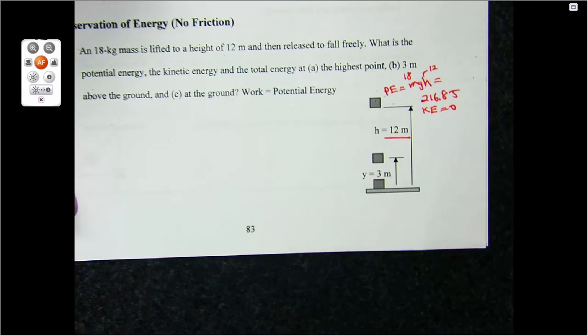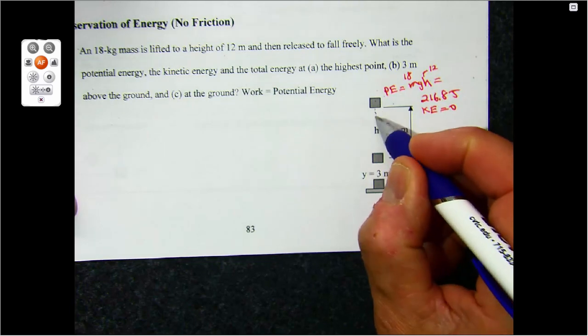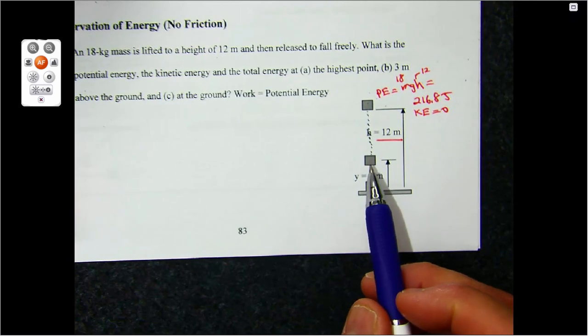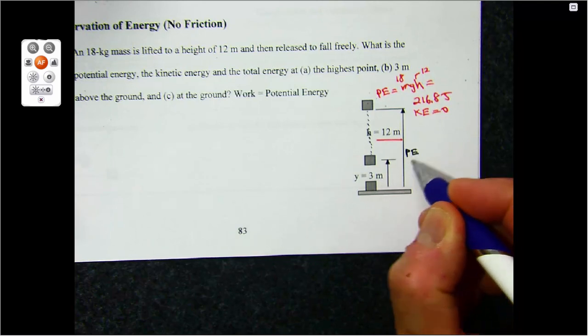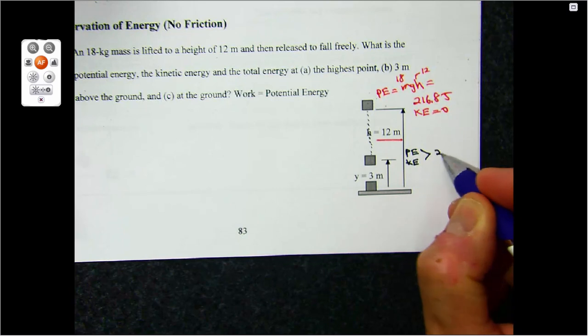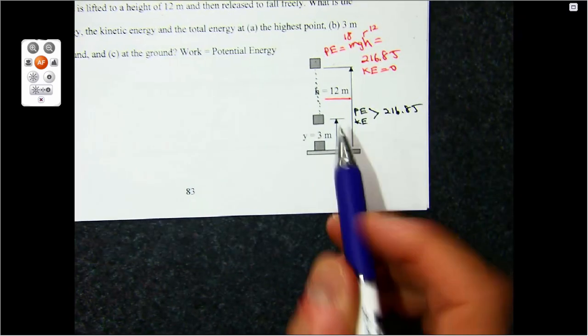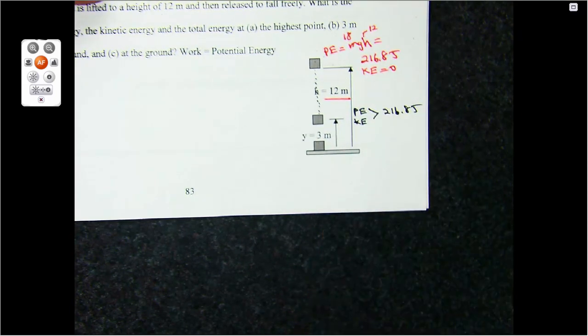So it looks like they don't really show this, but this is allowed to fall. It has some velocity here, correct? So what's the total energy? The total is going to be 216.8 joules, right? You know it's 216.8. It has to equal what it had here, conservation of energy.